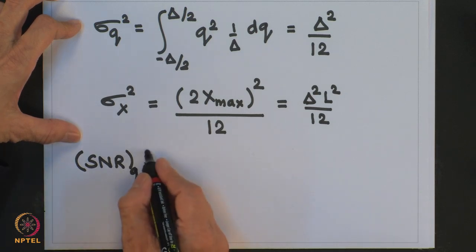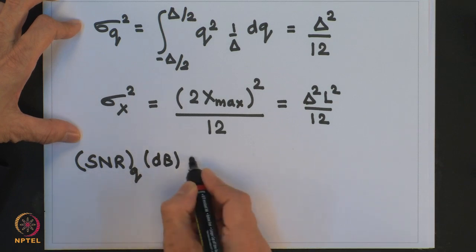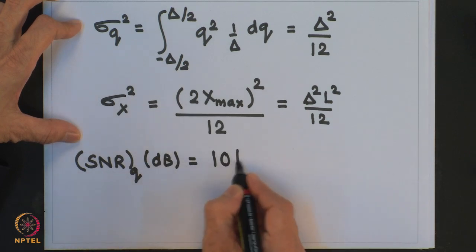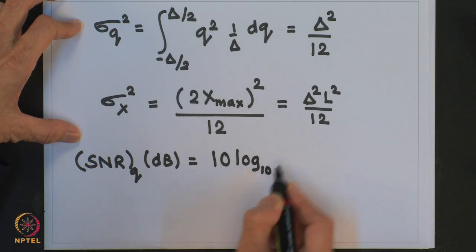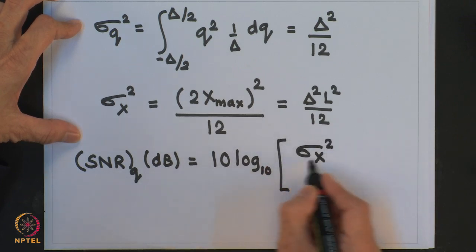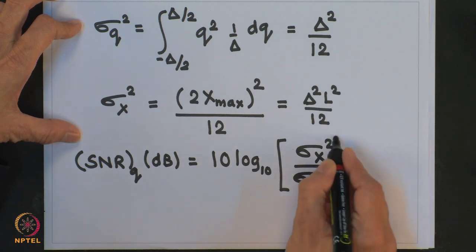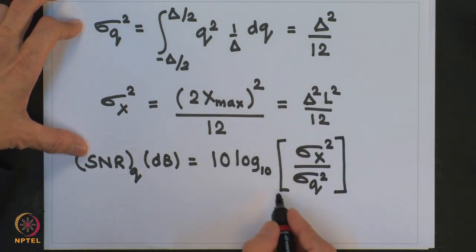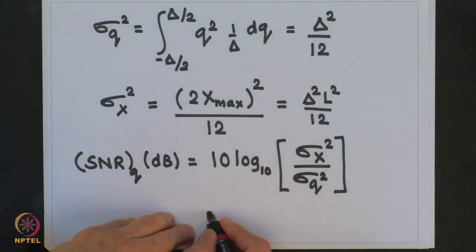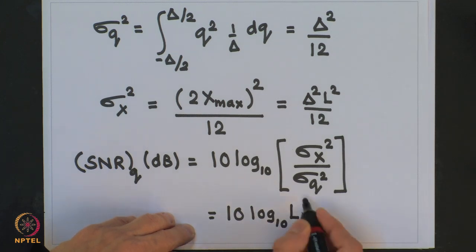So, this in dB is equal to 10 log to the base 10 of signal power divided by the noise power, and if I just substitute here, I get 10 log to the base 10 of L squared.